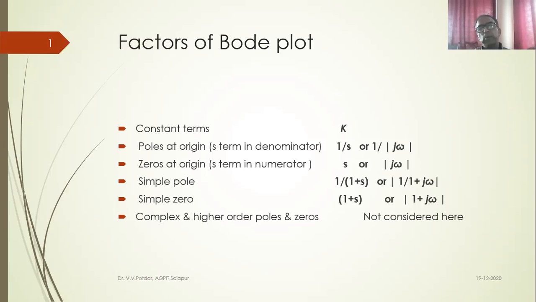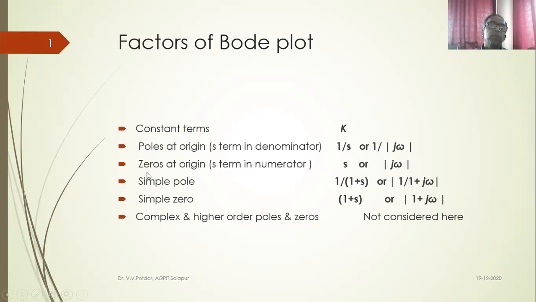So n number of poles will be available at origin, right? So the power of S corresponds to the order of the poles. If I got only single S to the power 1, I got a single pole at the origin. This is what is meant. So we'll learn how to have a Bode plot, both magnitude and phase angle plot, for poles at origin.